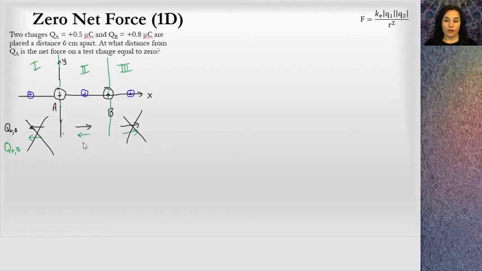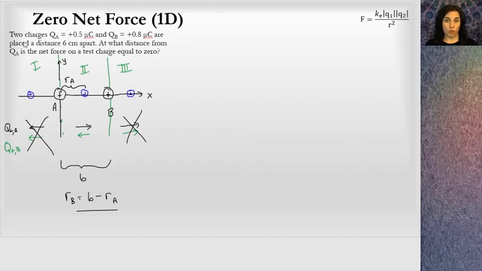So that helps me designate a variable that I'm solving for in the problem. I will be looking for this distance, which I will call RA. And I'm also going to note that the distance between these two charges, they tell me, is 6 centimeters. So that means RB is going to be 6 minus RA.